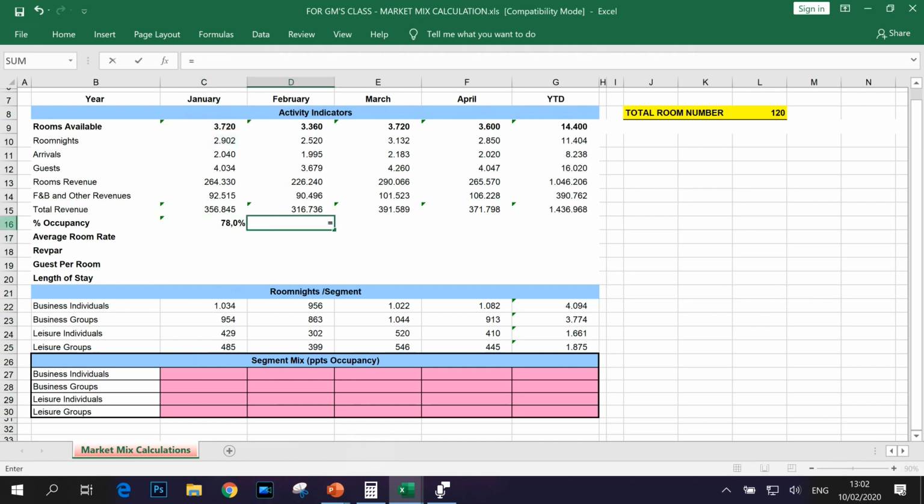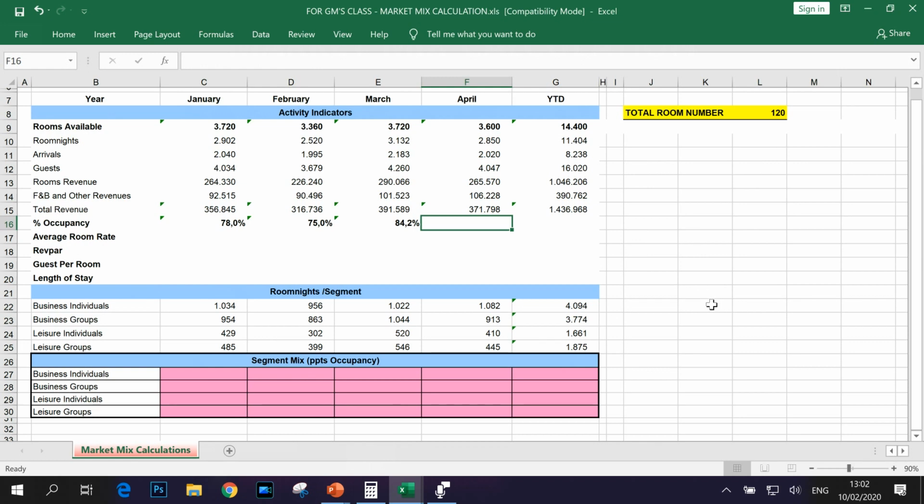February should be 2,520 rooms sold divided by 3,360 room nights available. Occupancy for March equals 3,132 room nights sold divided by 3,720 rooms available.